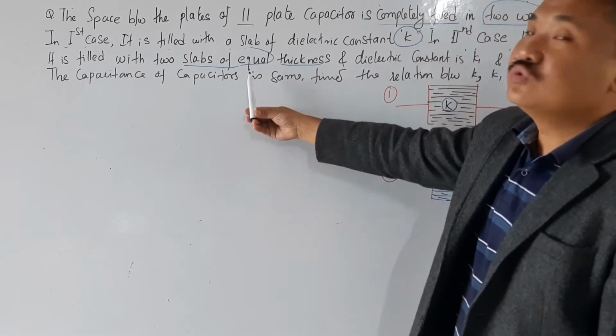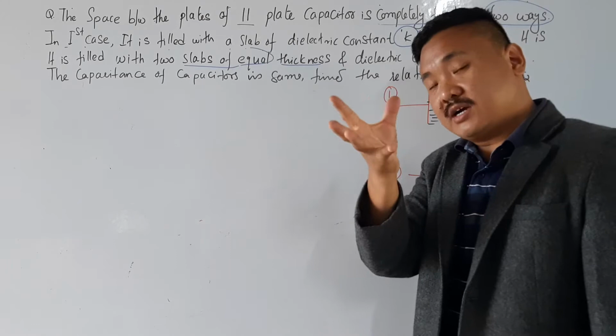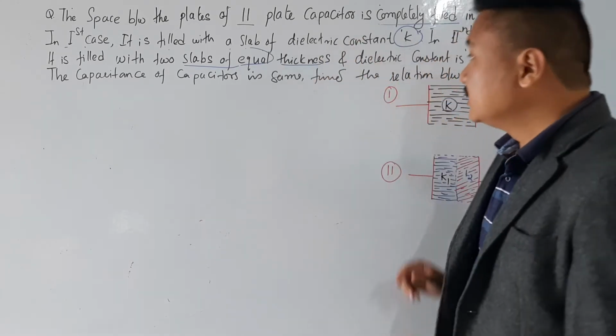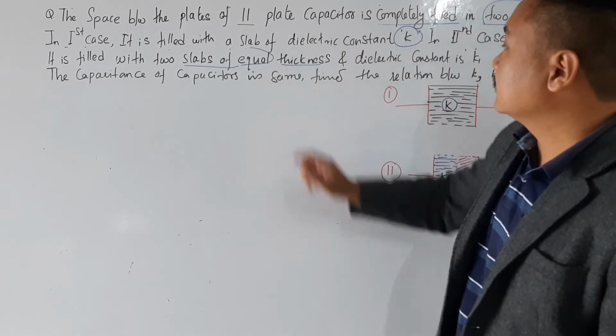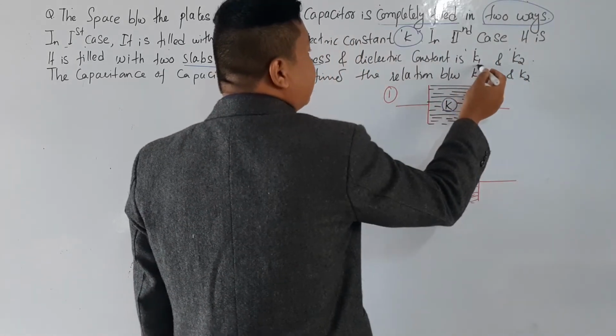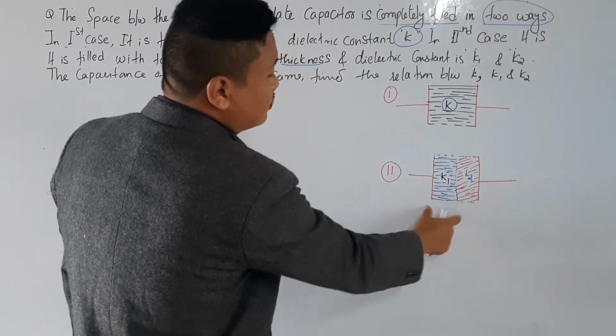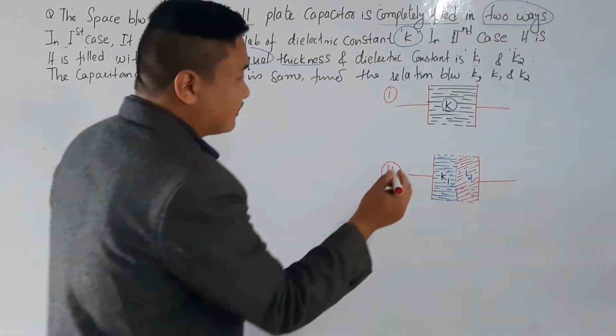It is filled with two slabs. It means that there are multiple dielectrics, and the dielectric constants are K1 and K2 as given in these two diagrams.